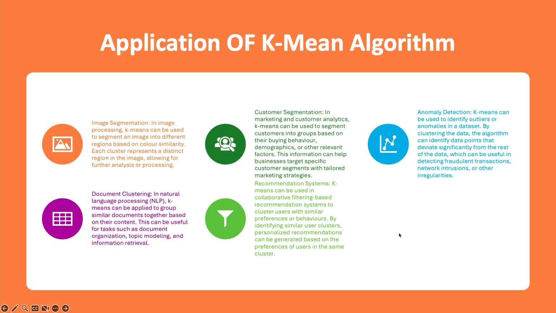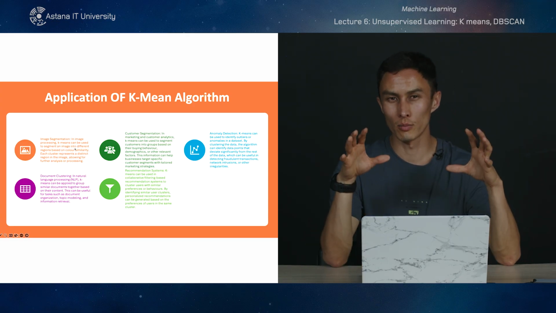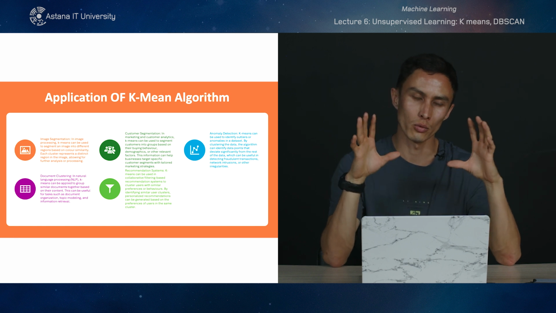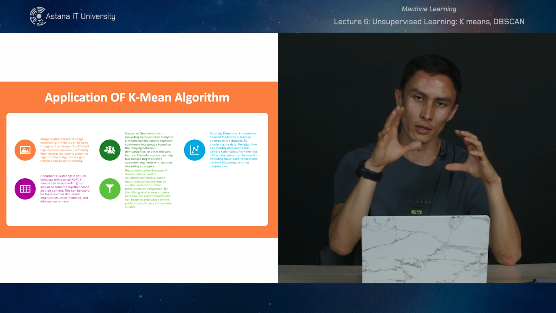So where is this k-means clustering algorithm used? It can be used for image segmentation. Segmentation means, for example, you have some image in which you want to separate different objects.